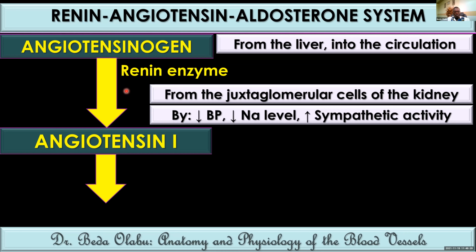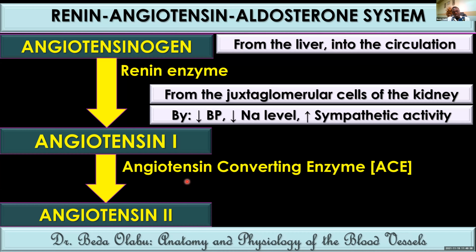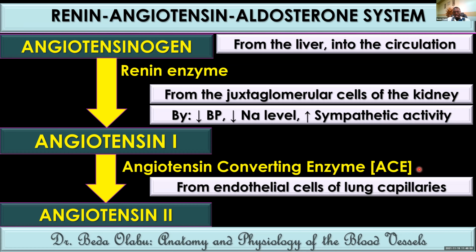Then you have angiotensin 1 being converted to angiotensin 2. The conversion of angiotensin 1 to angiotensin 2 is facilitated by the enzyme angiotensin converting enzyme. This angiotensin converting enzyme is produced by the endothelial cells of the lung capillaries.